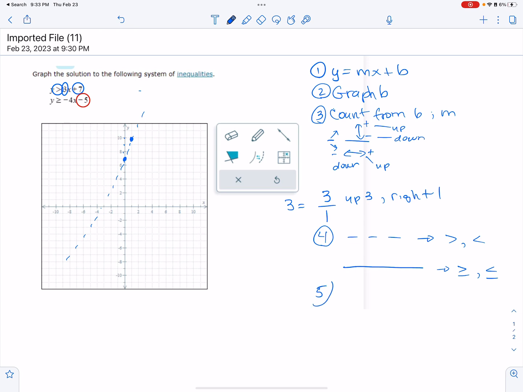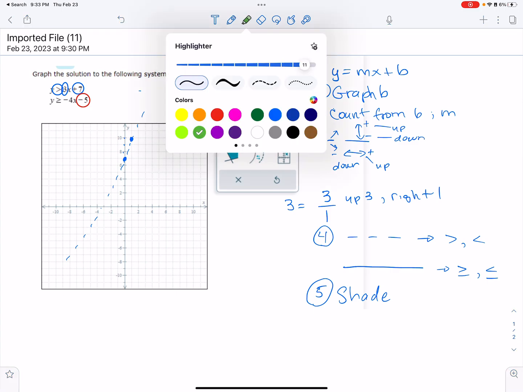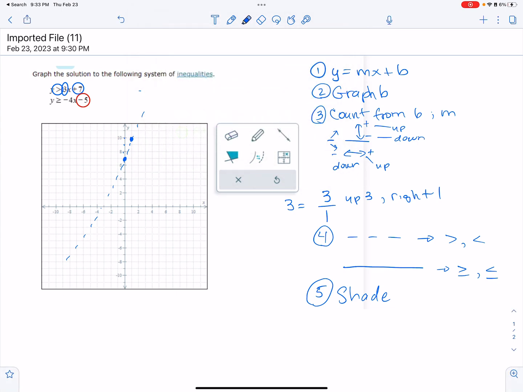And now we're going to determine how to shade. To determine where to shade, I want all the numbers that are greater than. The easiest way, honestly, that I do it is you just imagine this was a line in the ocean, and those are waves underwater, and you are on some sort of wakeboard or surfboard.